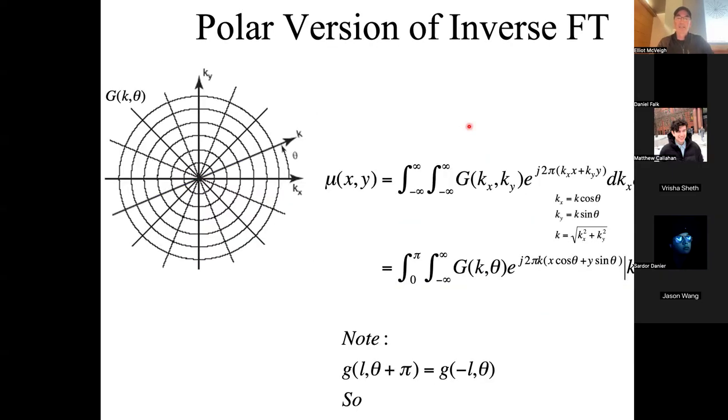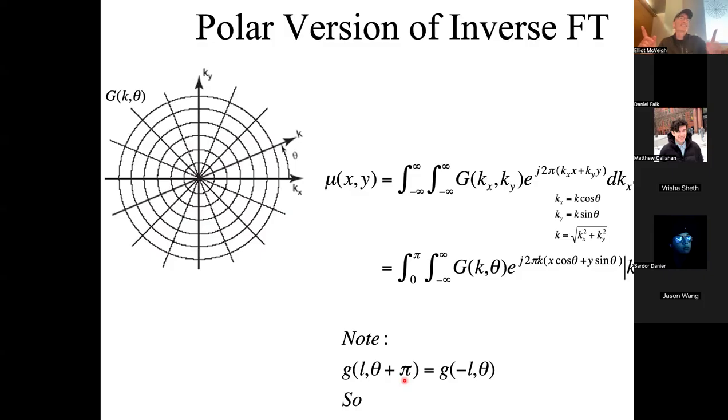Okay, so basically this also shows that GL theta plus pi. So when you take GL theta, I project down. If I tip over such that I'm 180 degrees from that, all that happens is there's a reflection of the data.